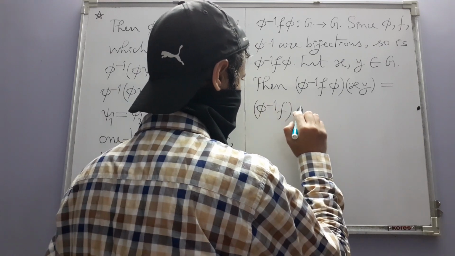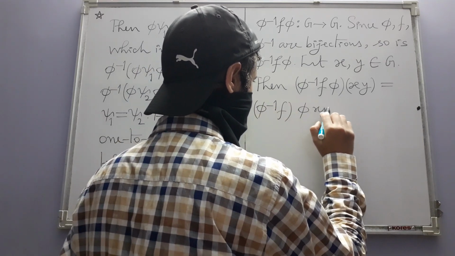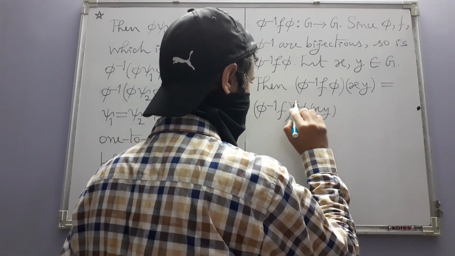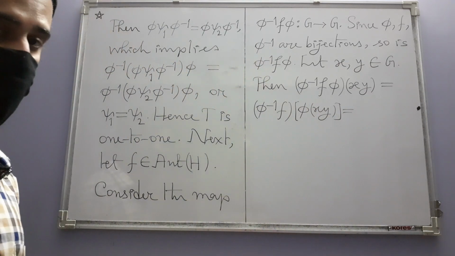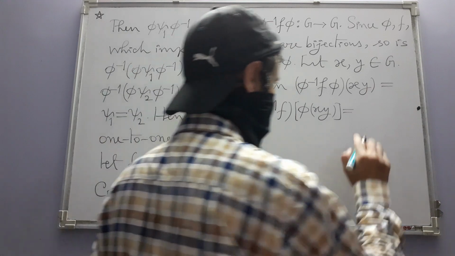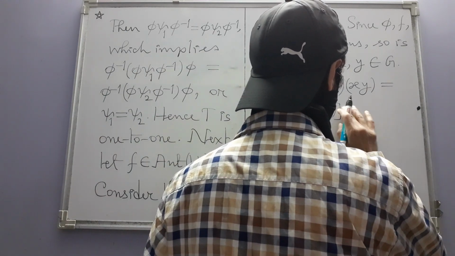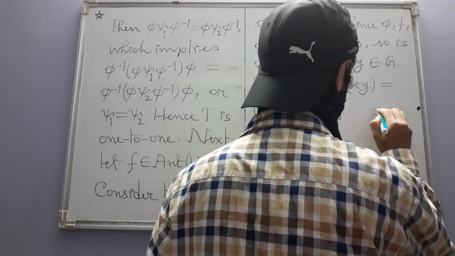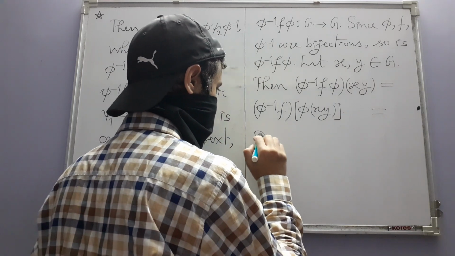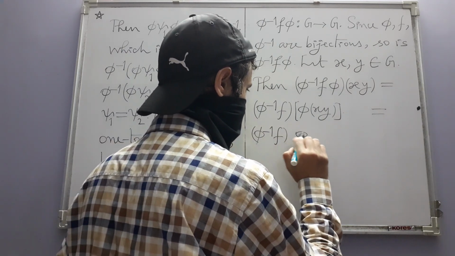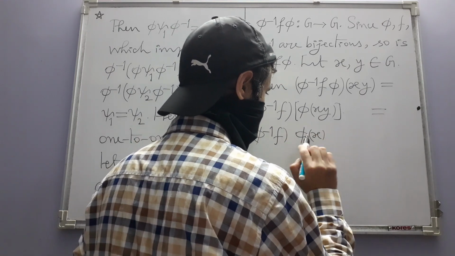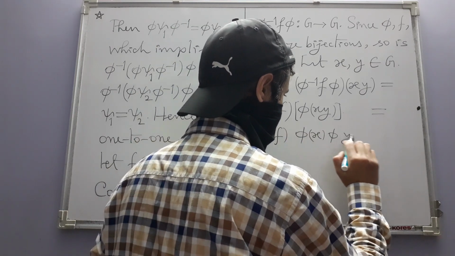By the definition of composition, it's just this. But phi is an isomorphism, we already know, so it respects the binary operation. So that means this will be equal to phi inverse f of phi of x times phi of y.